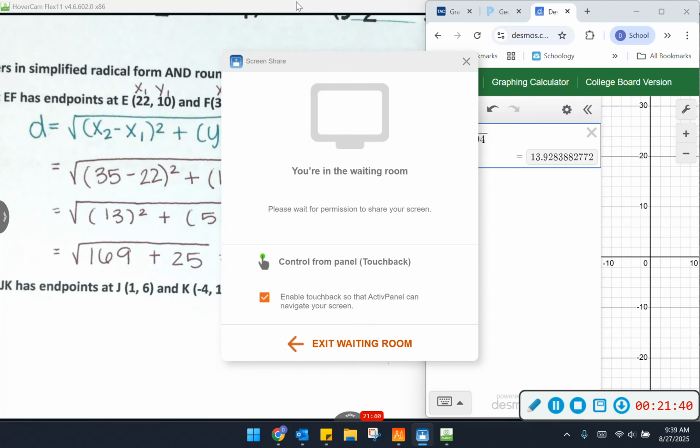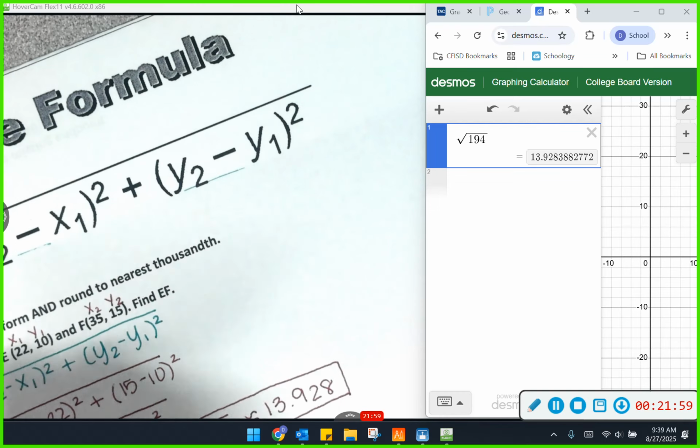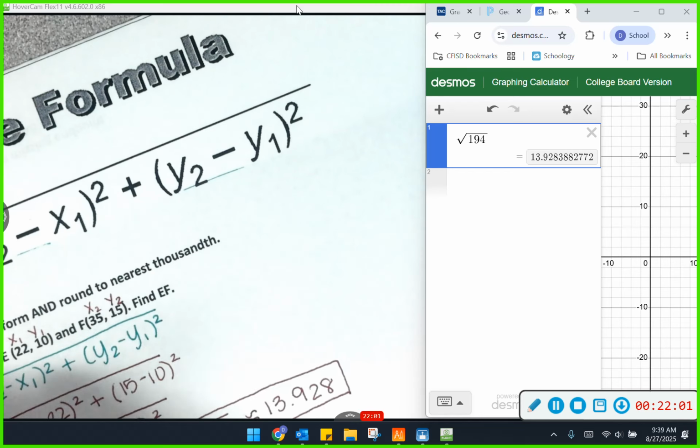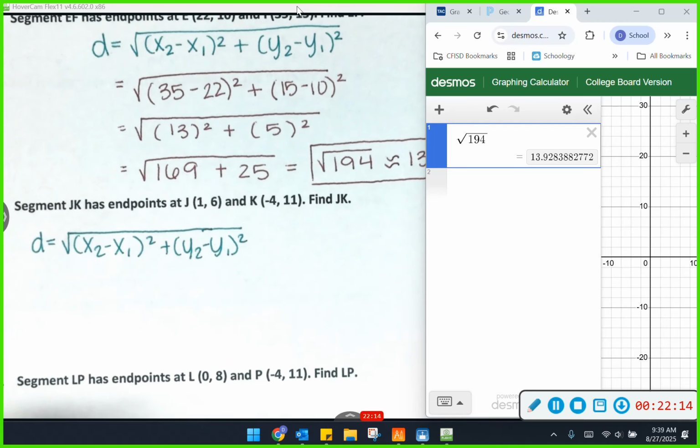Okay. Write the formula down on number 2, please. Please make sure that your square root goes all the way to the end of your equation.